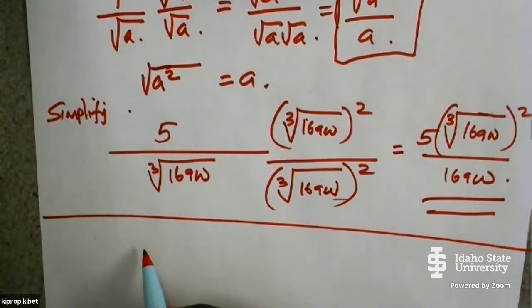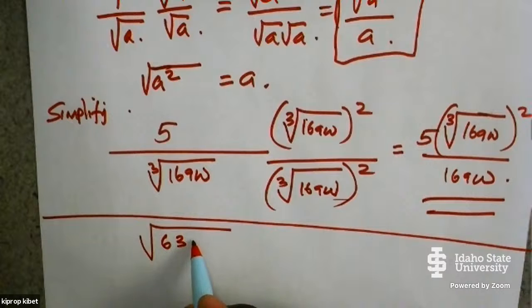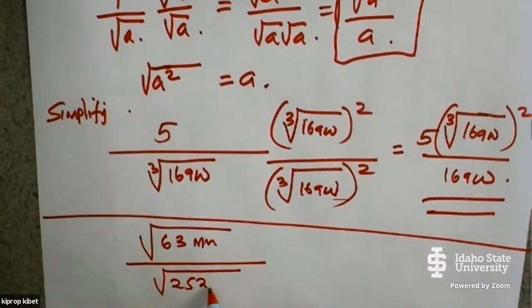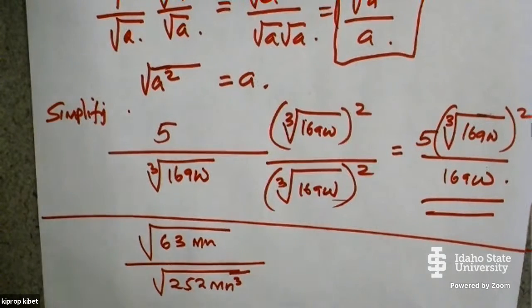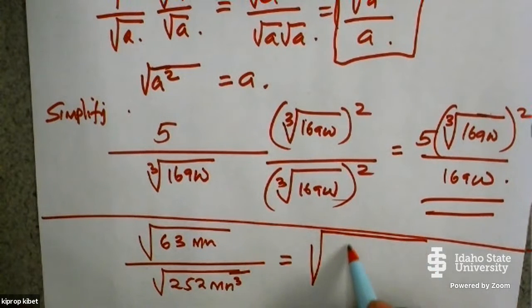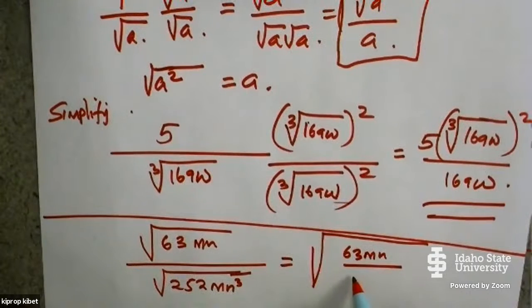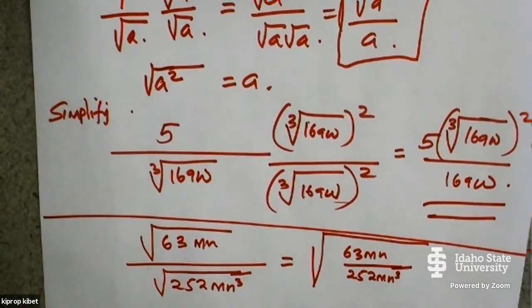Another example. Simplify the square root of mn all over the square root of 252 mn cubed. So this is equal to the square root of 63 mn all over 252 mn cubed.